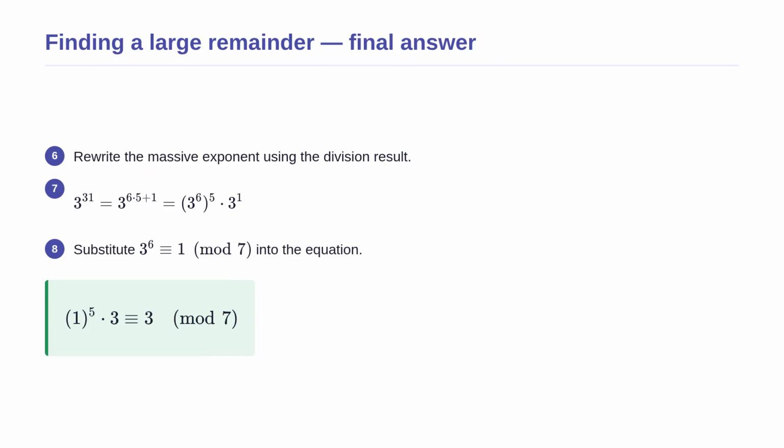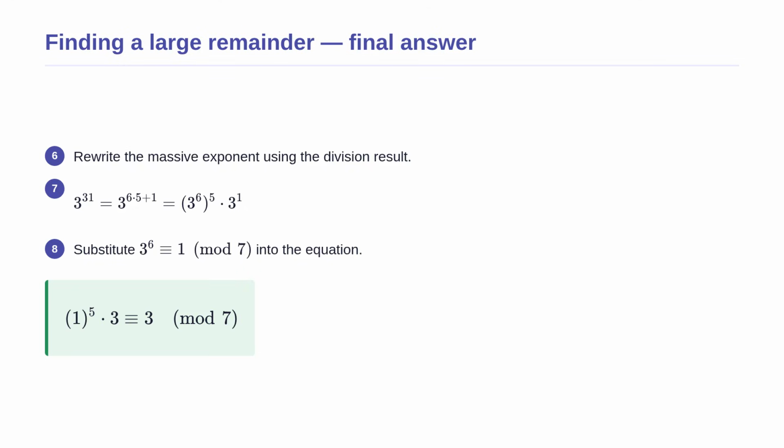Continuing from our division, we can now break this terrifying problem into much smaller, manageable chunks. We rewrite 3 to the power of 31 using the pieces we just found. It becomes 3 to the power of 6 raised to the 5th power multiplied by 3 to the 1st power.